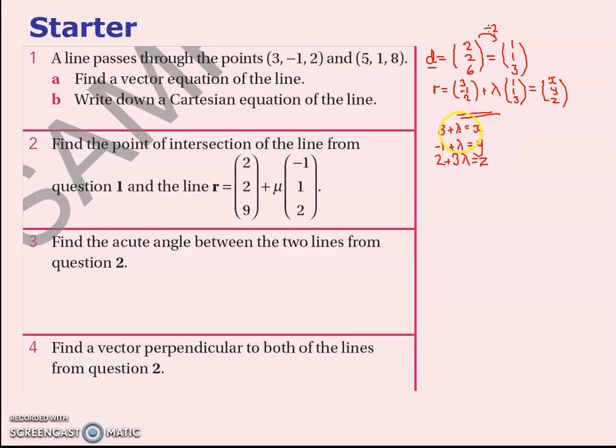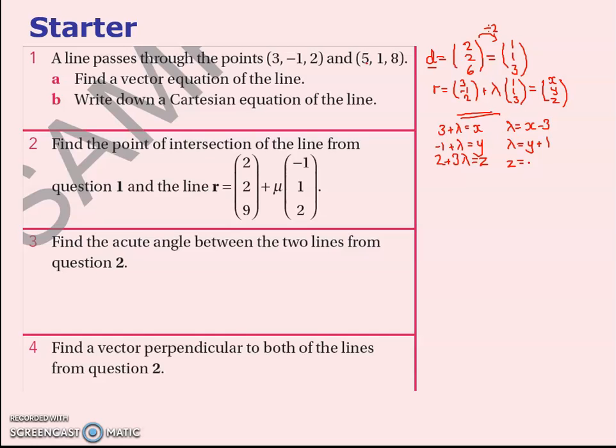Now, just rearranging to get lambda in each case. So lambda equals x minus 3. Lambda equals y plus 1. You can see why this is actually better doing this. If I had 2, 2, 6 there, I would have a more complicated equation here, but I haven't now because I did a bit of work with that direction vector. And this one, I think I do have to leave a little bit complicated.